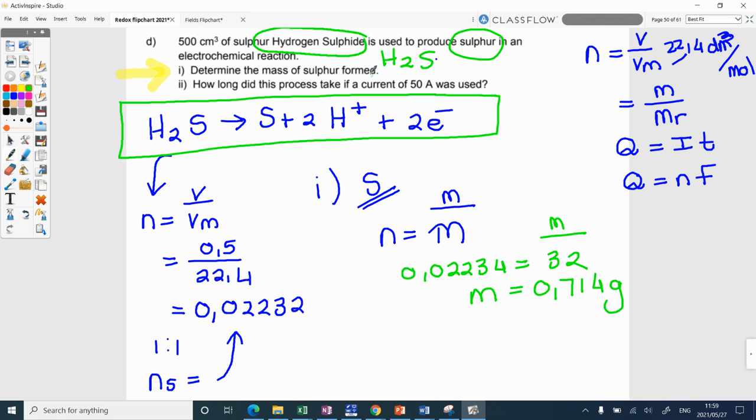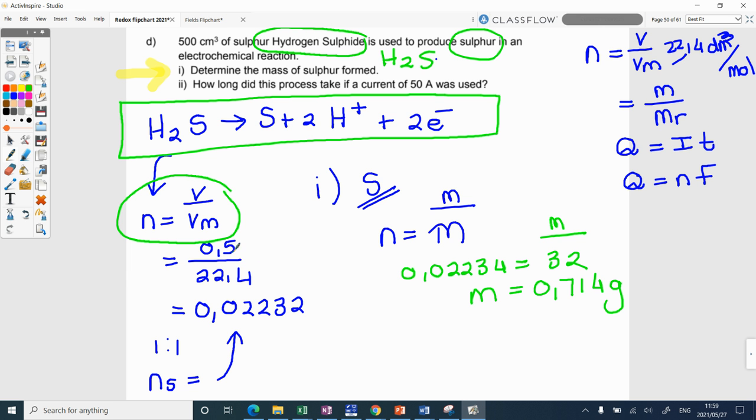For the first question, it didn't involve electrons. It was chemicals. They asked how much sulfur was formed, so we needed this equation. They gave us the volume of the H2S. Because they gave us the volume, we can use n = V over Vm. Please listen: V over Vm.